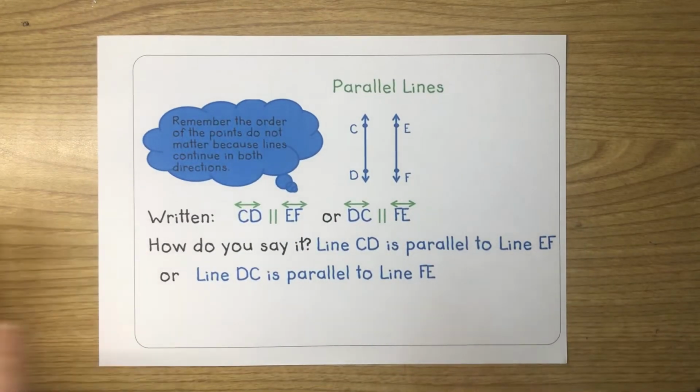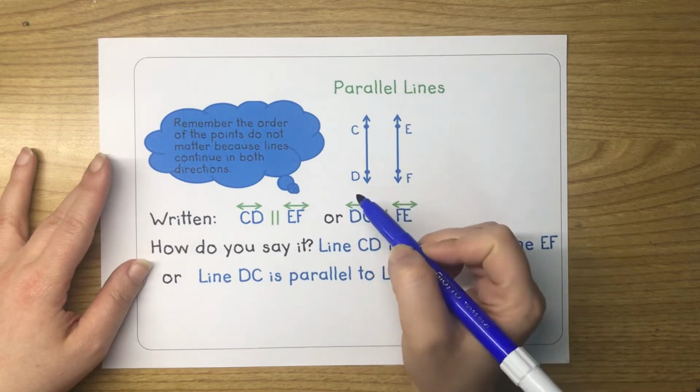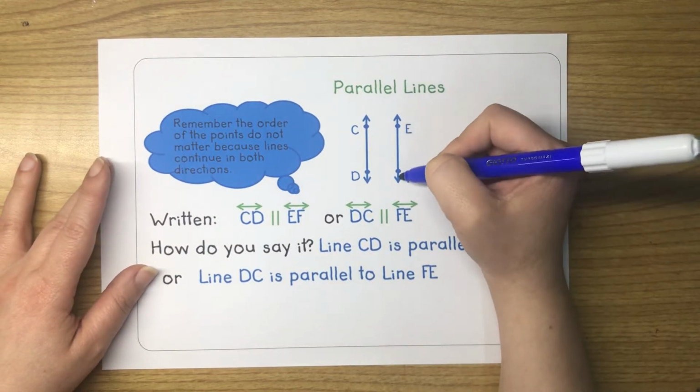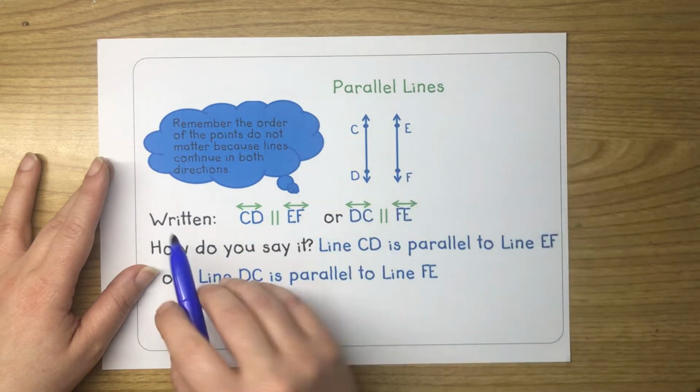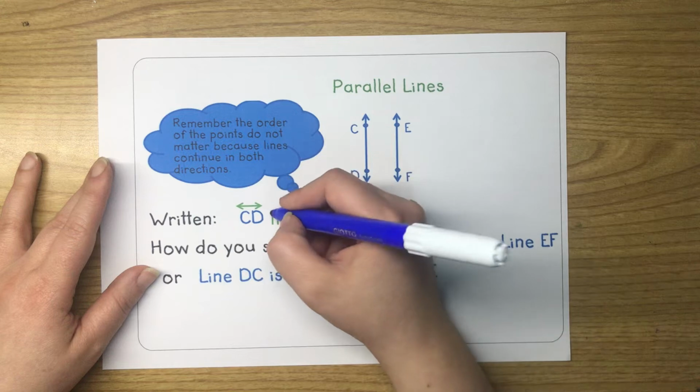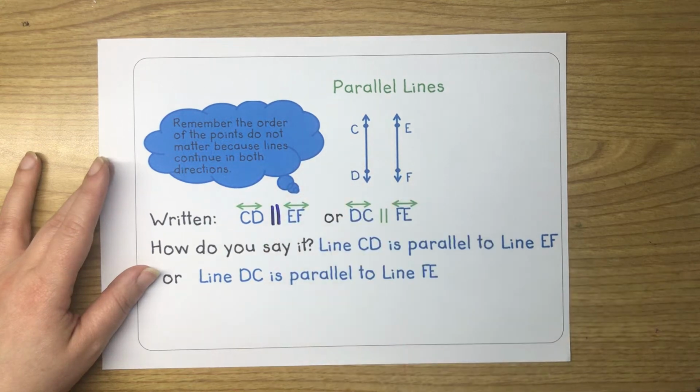Okay, parallel lines and how we write it in symbols or notation. So here are two parallel lines, line CD and line EF. How do you write it? We write it as line CD is parallel, see that?